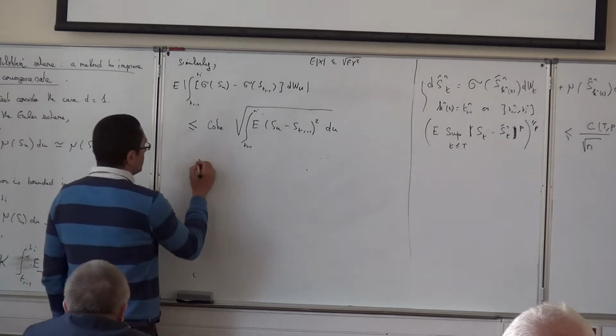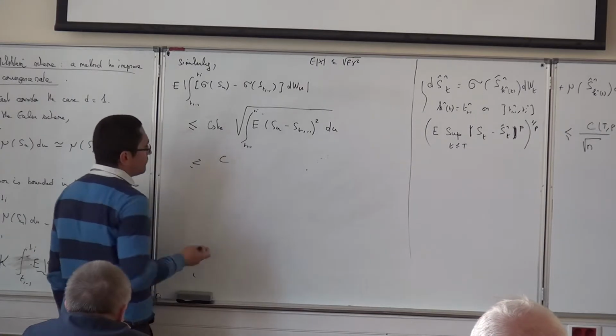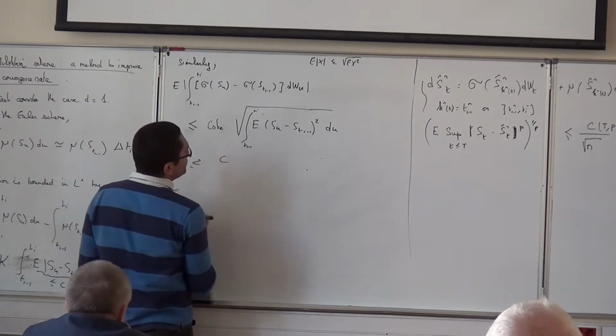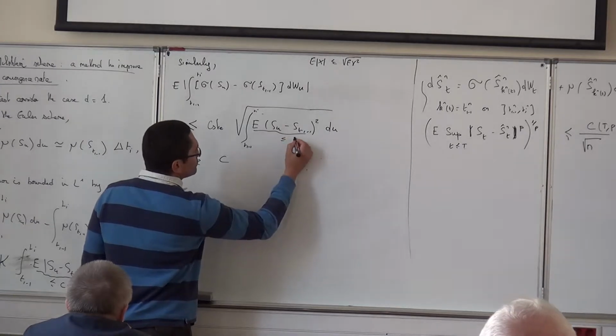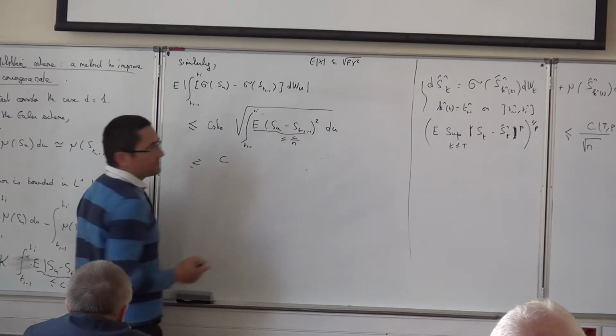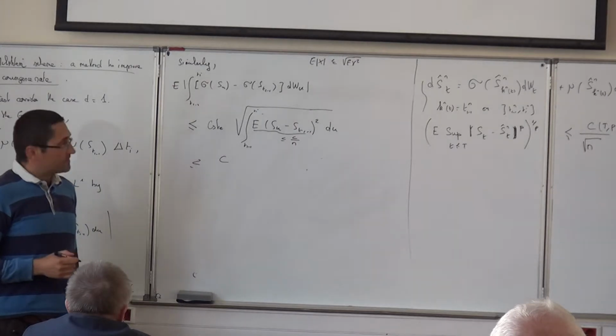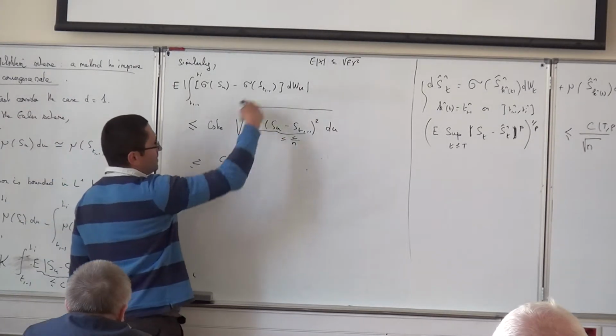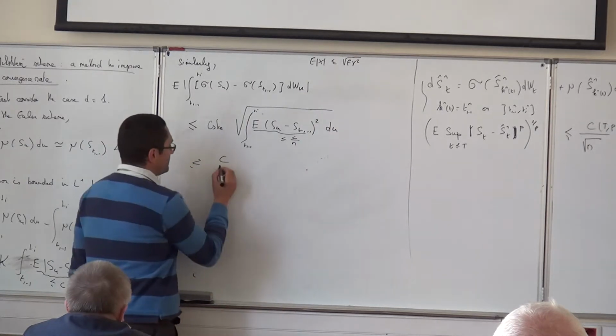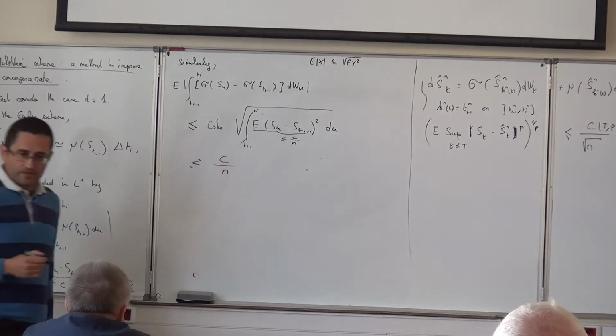So we get that this is less than some constant times 1 over n, because of the square. So finally, because of the square root, you get this.